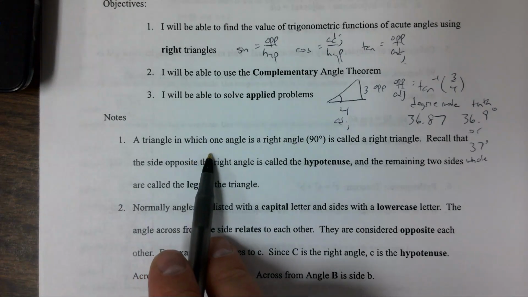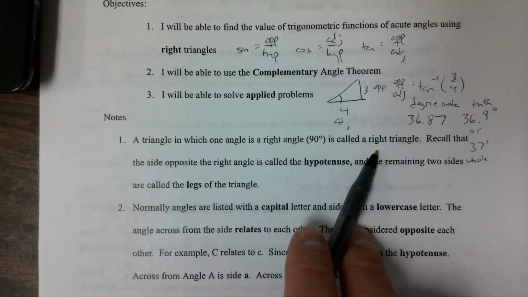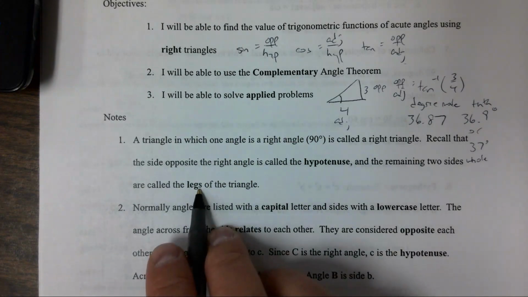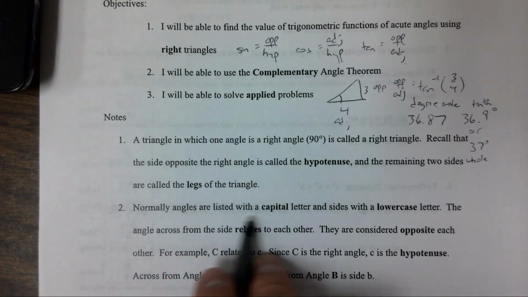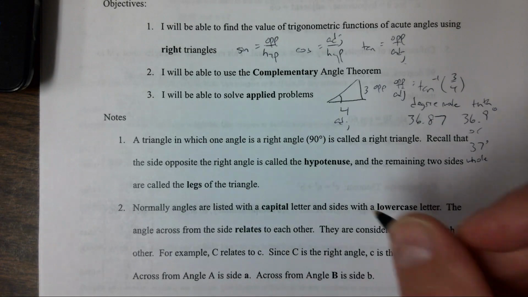So a triangle in which one angle is 90 degrees is called a right triangle. Recall that the side across from it is the hypotenuse. The other 2 are called the legs. Normally angles are labeled with a capital letter and sides with lowercase.